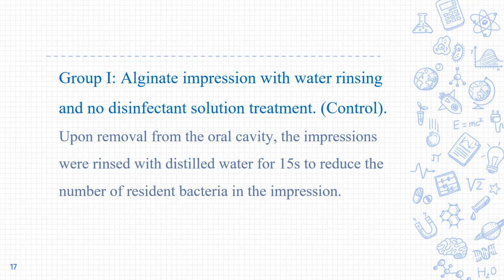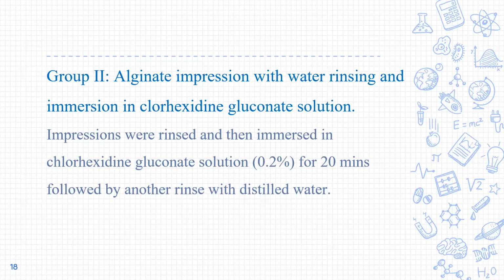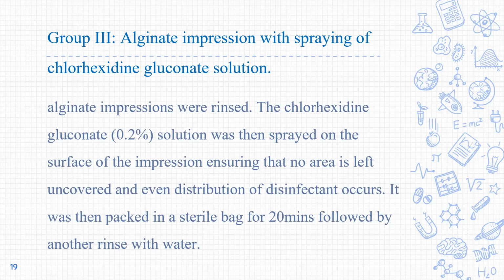The alginate was mixed with water, and post removal, the impression was washed in distilled water for 15 seconds. For group 2, the alginate impression was immersed in the chlorhexidine solution for 20 minutes and then rinsed with distilled water. For group 3, the spraying method was used.